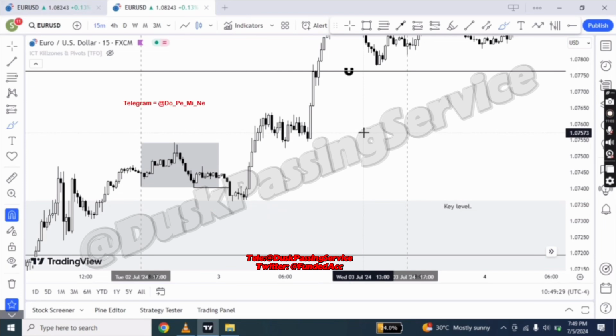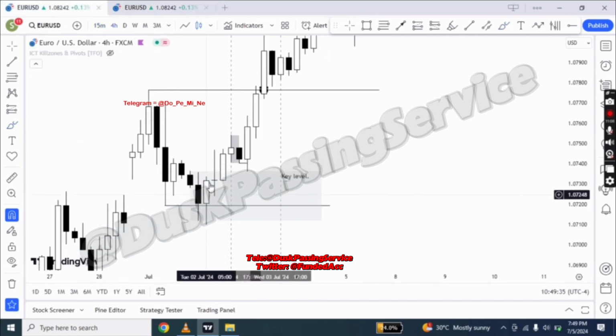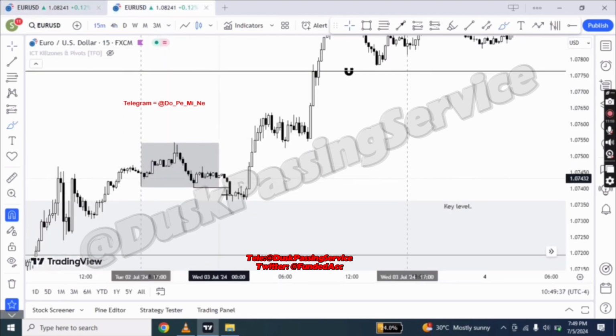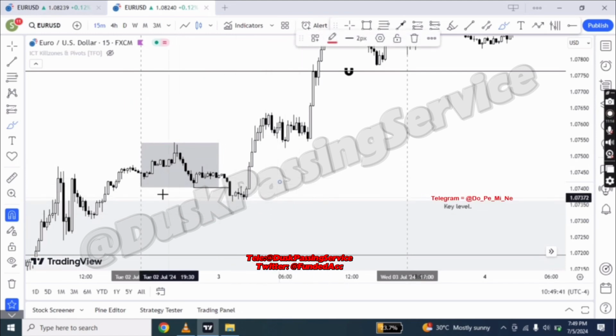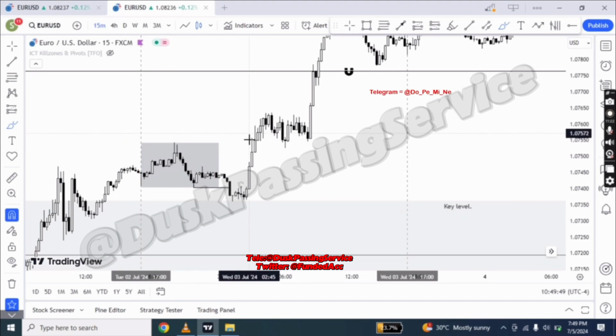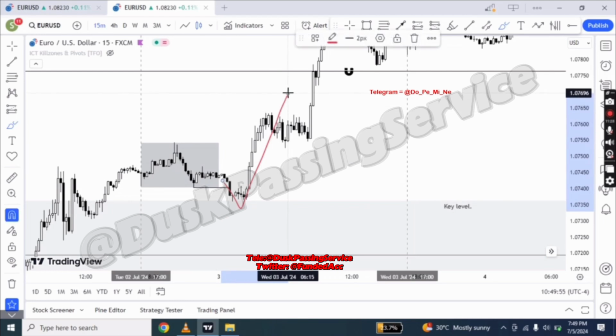But again, that's not a problem for us, because we did our higher time frame analysis and we drew this key level on the 4-hour time frame in the form of an order block. And on the lower time frame, we can see that price didn't test that key level, right? And formed the range just above that. So using the same logic over again, right, we know that if price is going to expand higher, first it has to test a key level, right?